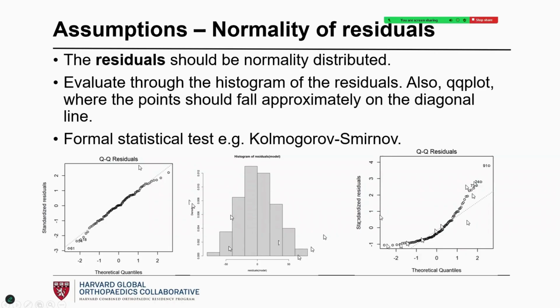In addition to these graphical displays, as we mentioned before, statistical software offers formal statistical tests like the Kolmogorov-Smirnov test, which tests the hypothesis that the residuals are normally distributed. When the p-value for that hypothesis is less than 0.05, or a threshold that we choose, then we say that there is evidence that the normality assumption does not hold.